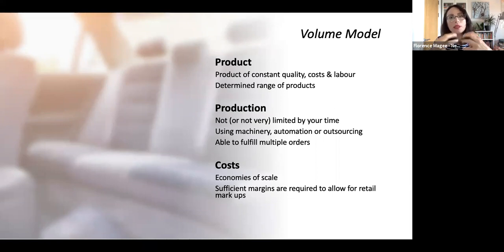But the production isn't limited, or not too much, by your time, so you can actually scale up. Cost-wise, the more you produce, the less it will cost you to produce because you realize economies of scale. But you most probably will be selling through other sales partners, not only direct, because you want volumes. So you'll need to share your margins with probably trade partners.